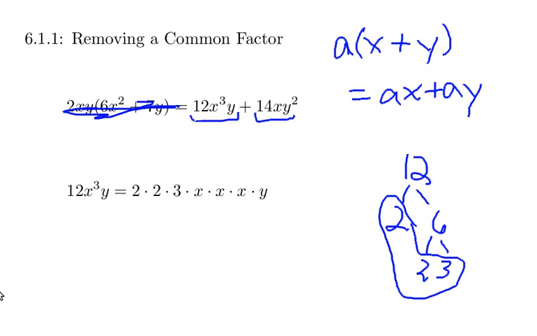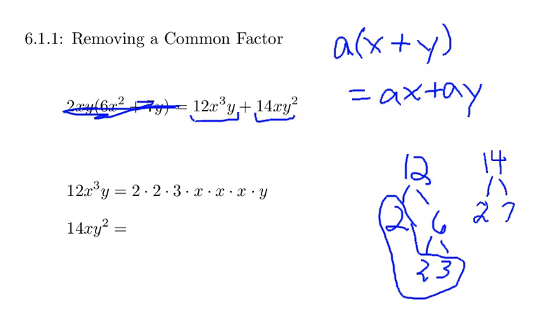And then let's do the same thing with 14xy squared. So 14 is going to be 2 and 7, that's all it is.